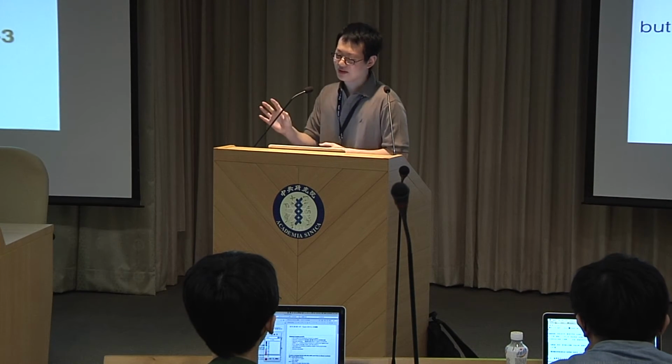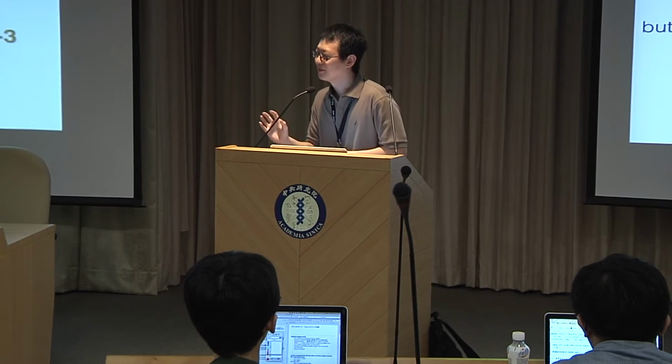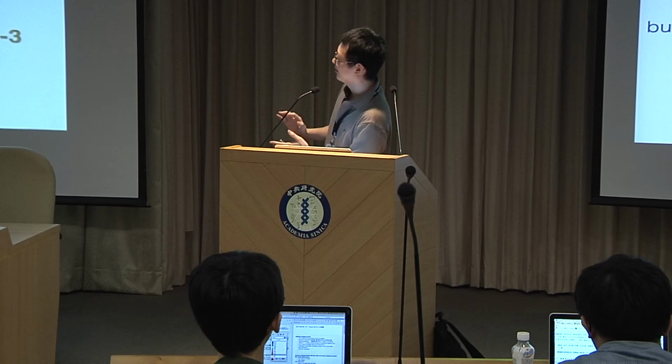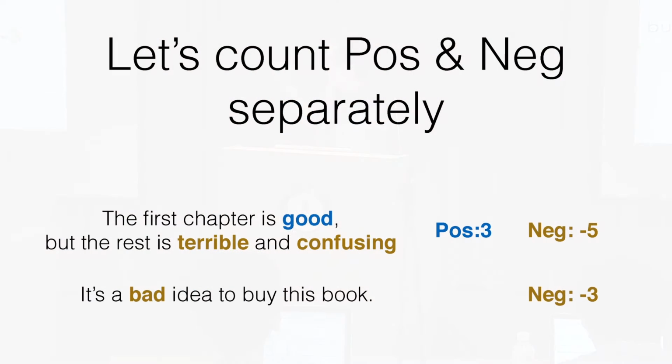Yes. We can just count the positive words and negative words separately. So the first sentence becomes positive 3, negative -5. And the second sentence is still the same, negative -3. In this case, you have more information than just negative and negative.